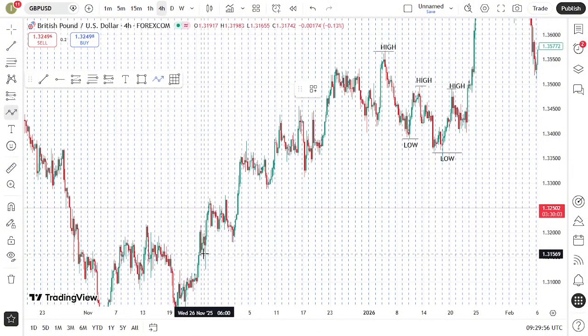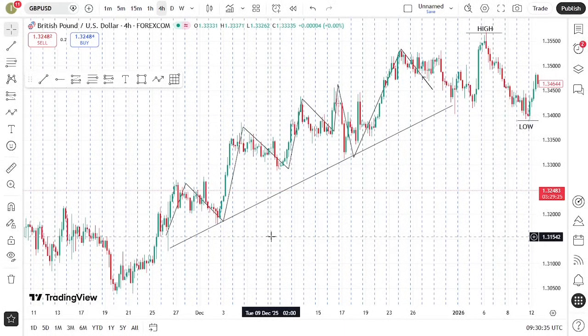Now this right here shows us that the market is doing what? It is moving in an uptrend. The market is bullish. This very movement that happened right here is called your uptrend. Why? Because we are having what?